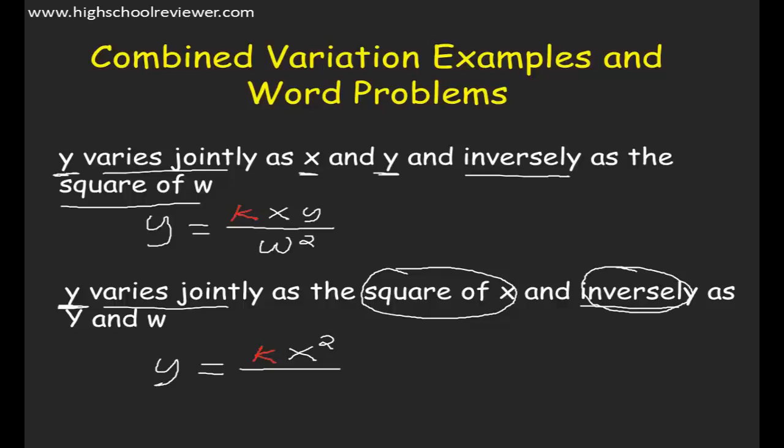We have two variables, y and w. So this will be kx squared all over w times y, or we can interchange that. So these are now our final answers in translating English statements to mathematical equations for combined variations.